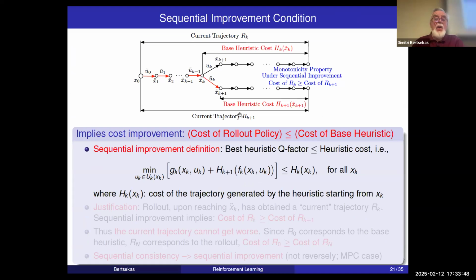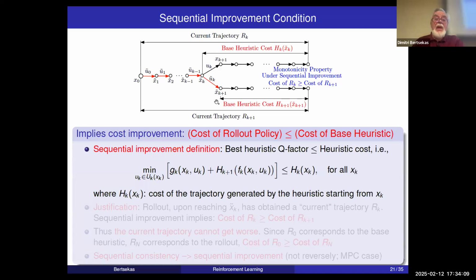Okay, let's look at the rollout algorithm. It starts from x0, and let's say generates this red path here to state xk. At this point, it will have found the Q factor corresponding to the Bayes heuristic, the cost of this base heuristic.